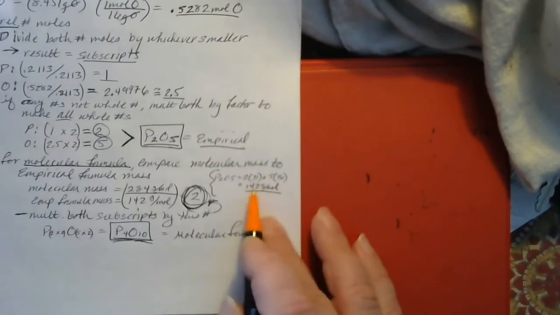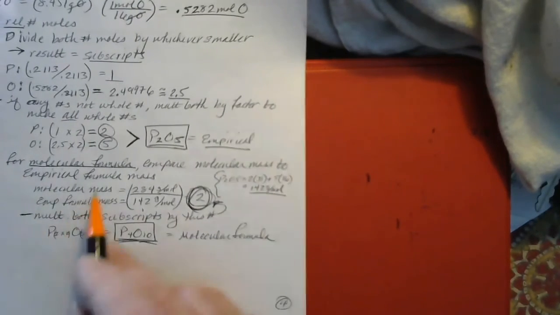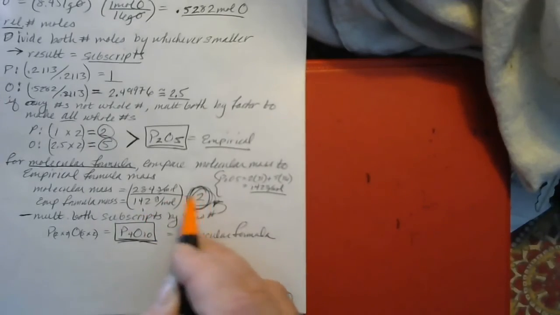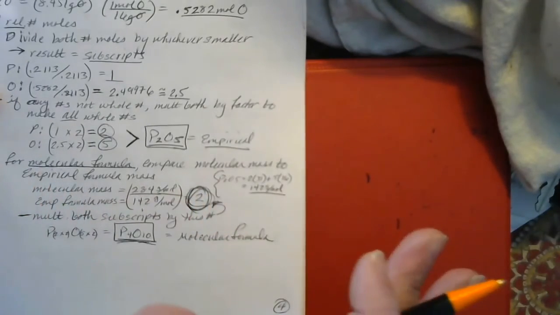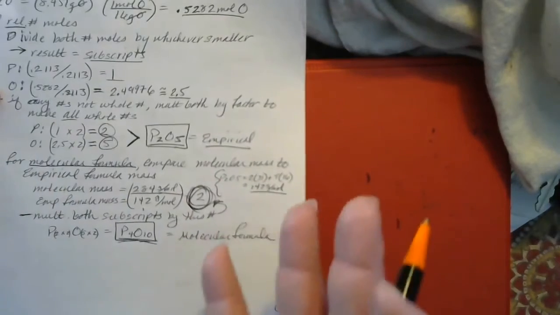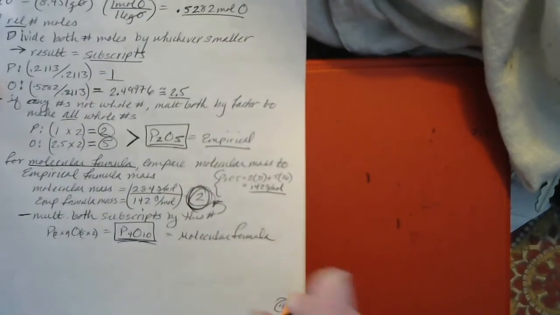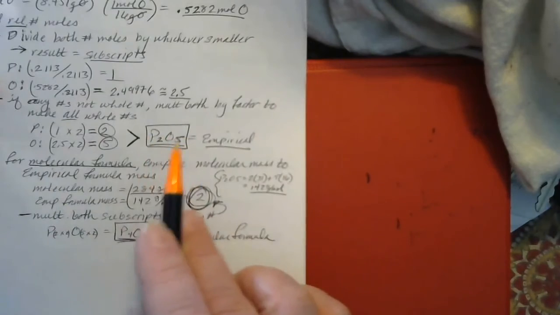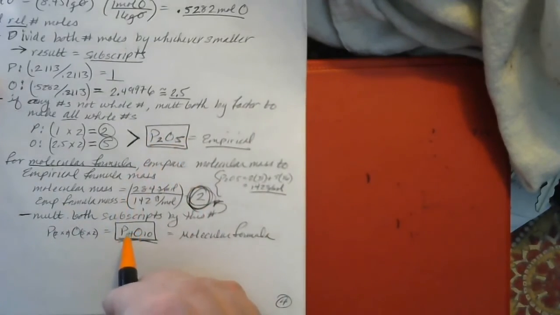That adds up to 142 grams per mole. So 284 divided by 142 is 2. That means that the actual molecule is twice the size of the empirical formula. So you multiply the subscripts in the empirical formula by 2, and that becomes P4O10. That's the molecular formula.